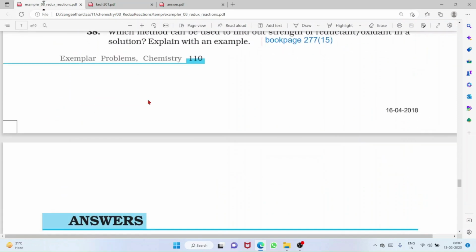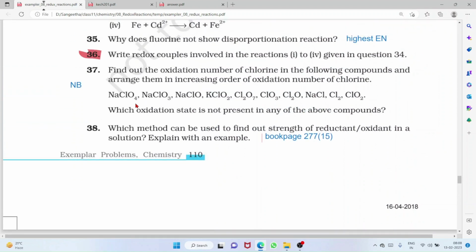Okay. So when you solve the problems yourself, only then will you get familiar with the various rules. In this chapter, the main things are finding the oxidation number, balancing the redox reaction, and using the electrode potential to find out whether a reaction can occur or not.